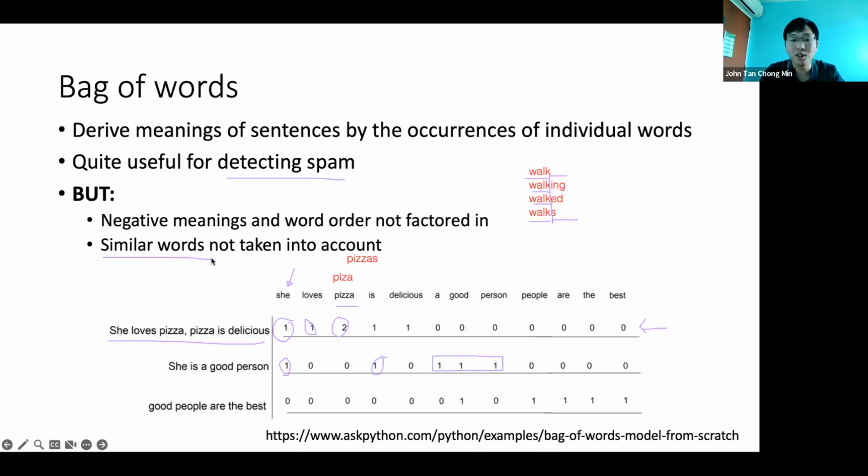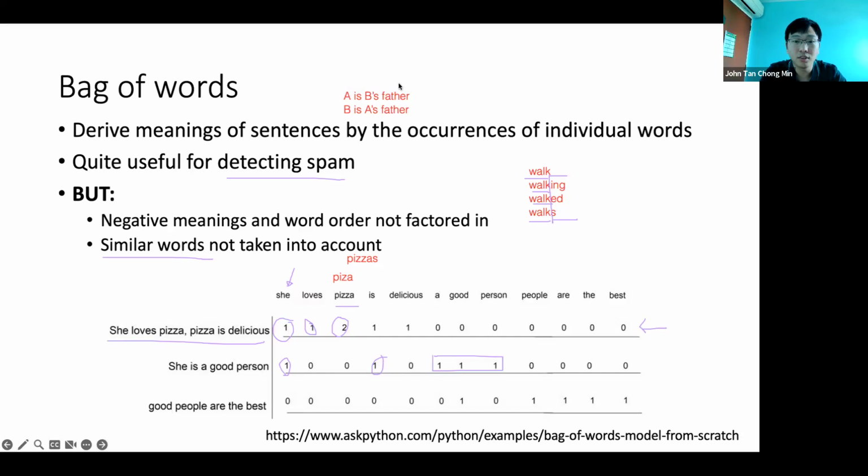The other, more critical problem is word order. So what is word order? Imagine I have this sentence: A is B's father. Imagine if I change the order: B is A's father. Is the meaning of the sentence the same?